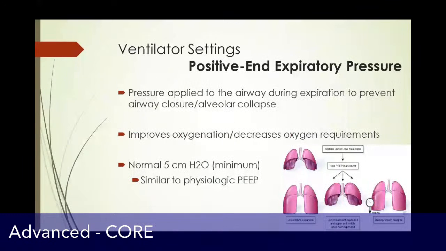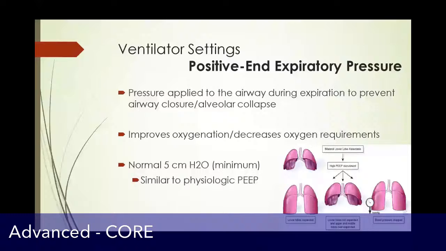Next ventilator setting is your positive end expiratory pressure, or PEEP. So this is the pressure delivered into the airways through the ventilator during exhalation, during expiration. So this is to help keep the lungs open even while you're exhaling. This is going to really decrease the work of breathing. It improves oxygenation.